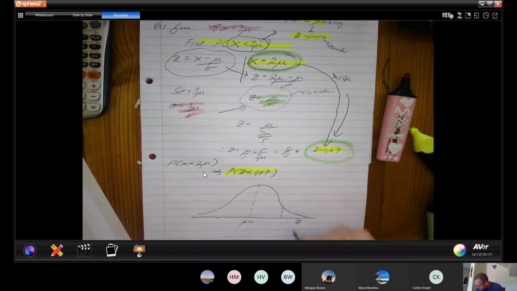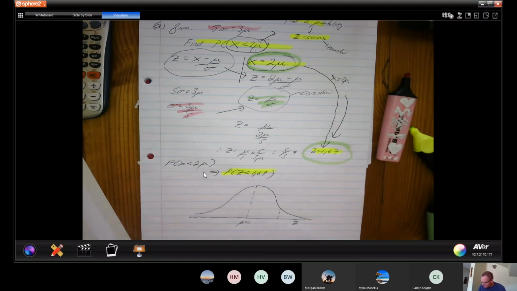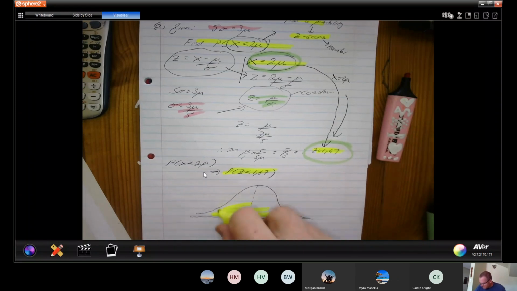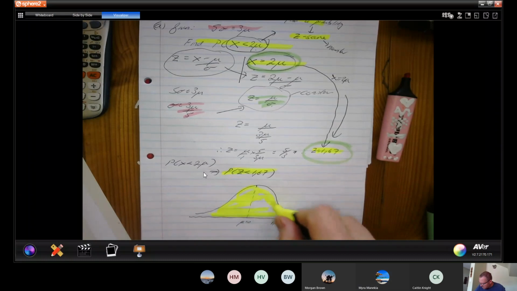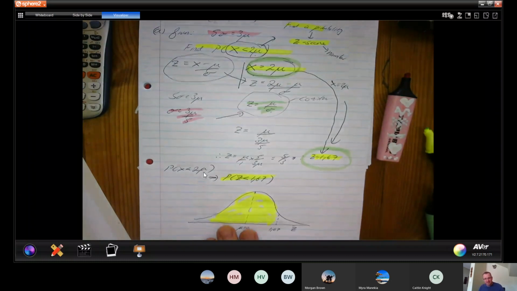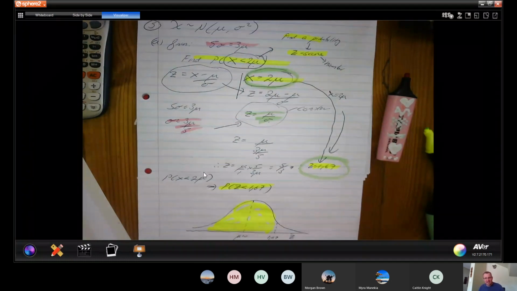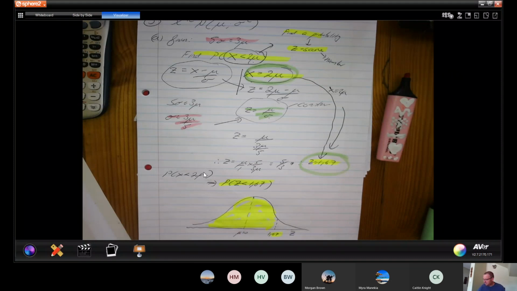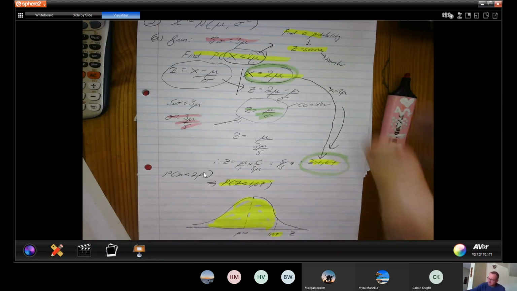So 1,67 is somewhere to the right here, and I'm trying to figure out that area over here. I'm going to give you some time, everyone, to quickly catch up, get down what we've got, and then try to figure out what this area is when you've got a Z score of 1,67. Go for it. I'm going to have some coffee.